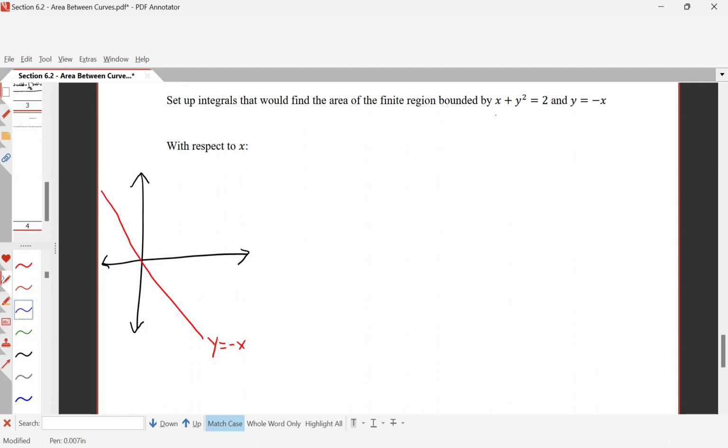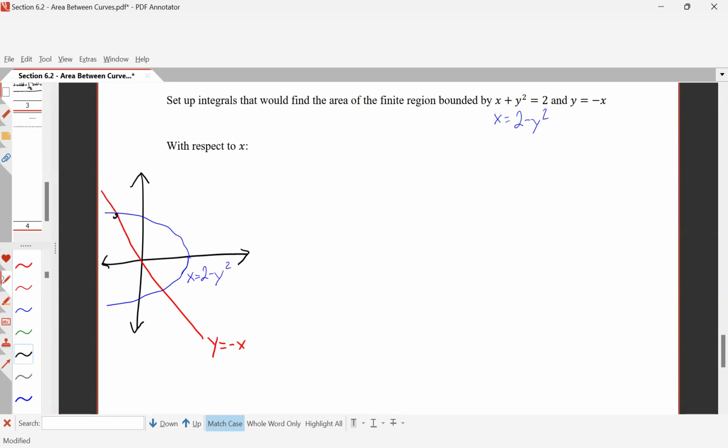With a little bit of rearrangement, this is also x equals 2 minus y squared. This is another parabola that opens up to the left. So we have 2 minus y squared here in blue.